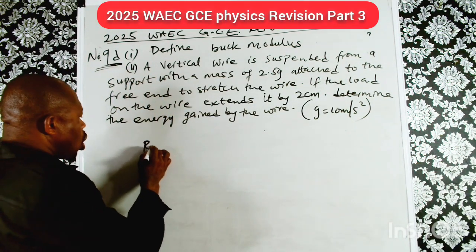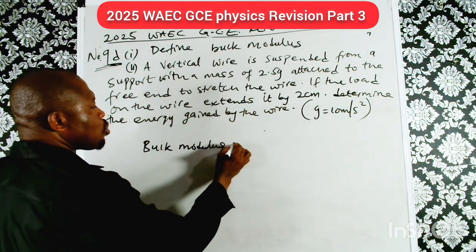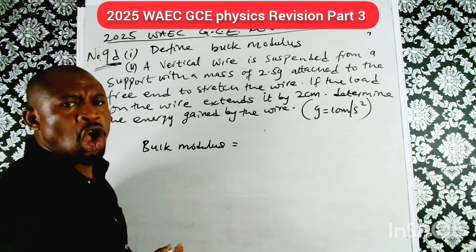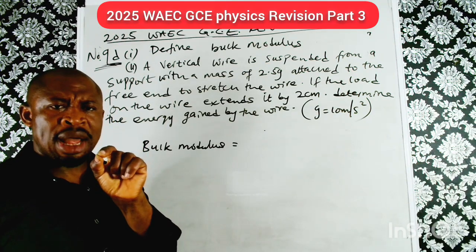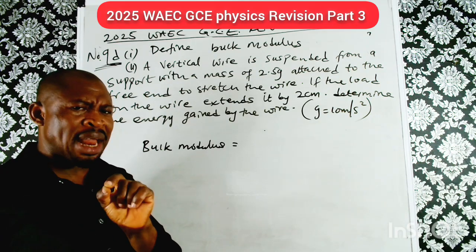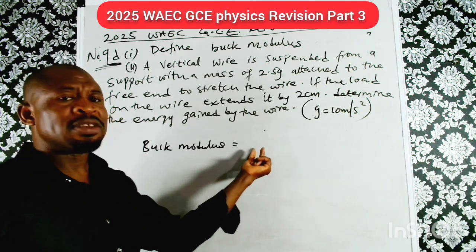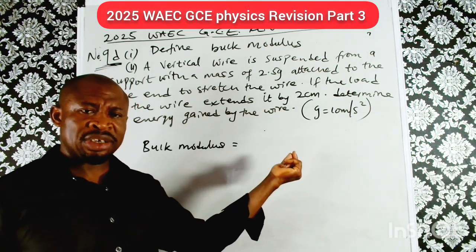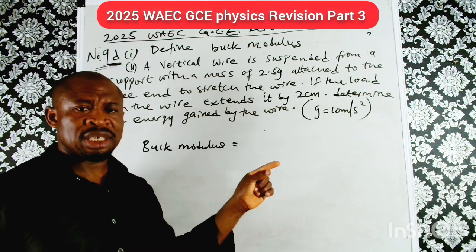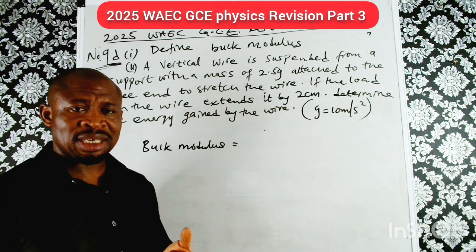Bulk modulus is a ratio of small applied pressure increase to the relative decrease in volume of the material.